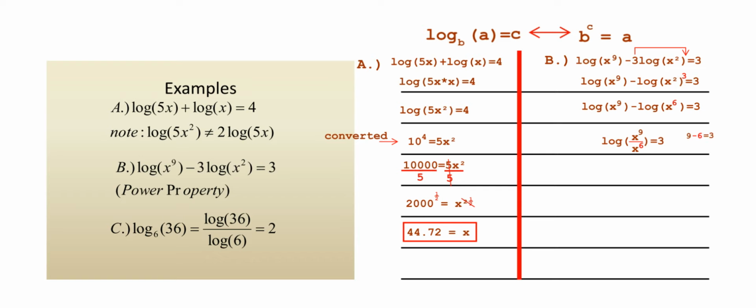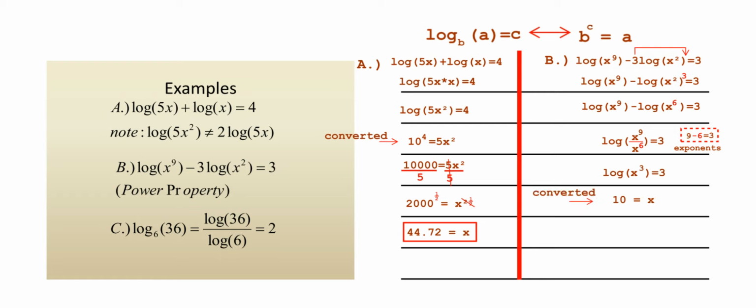So 9 minus 6 will give us 3. Once again, that's just for reference. But you're welcome to apply it on the side. 9 minus 6 gives us 3. So x to the 9 divided by x to the 6 will give us x to the 3rd. And it's a positive 3. So log of x to the 3 now equals 3. That's what remains, agreed?